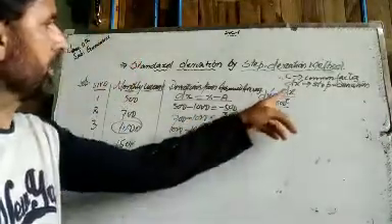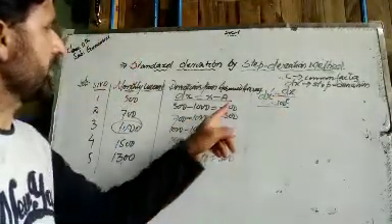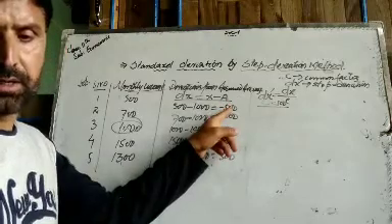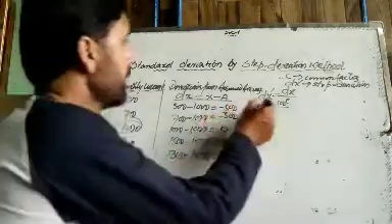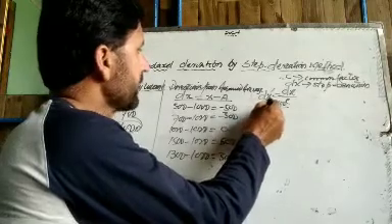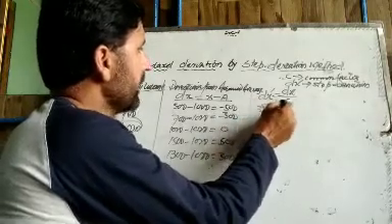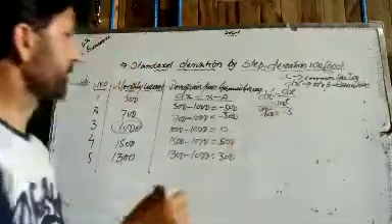Now we find dx dash. Minus 500 by 100 is equal to minus 5.